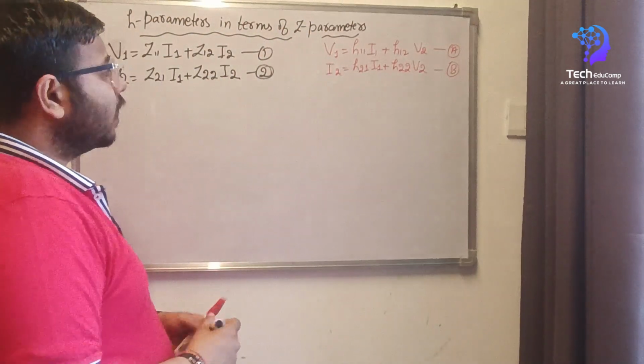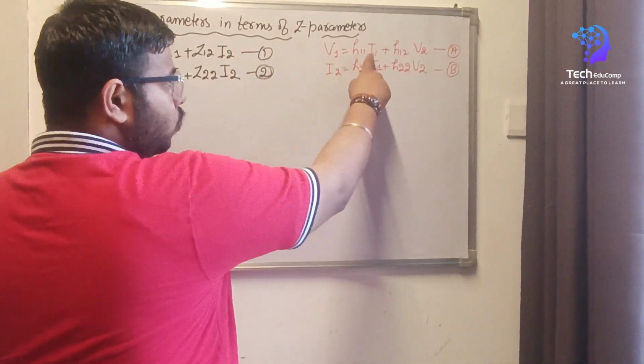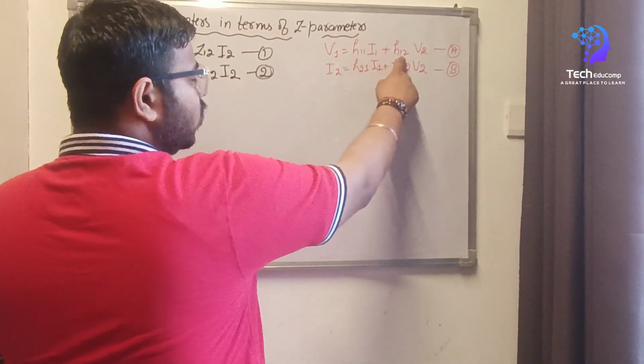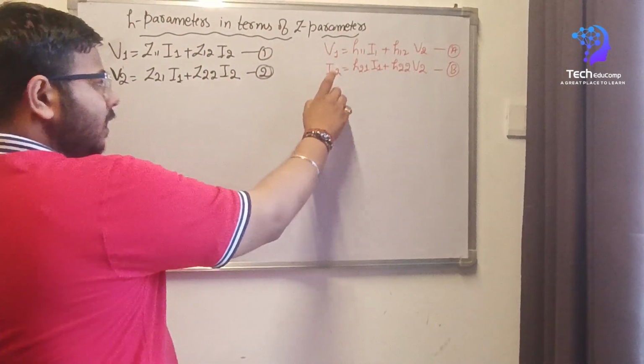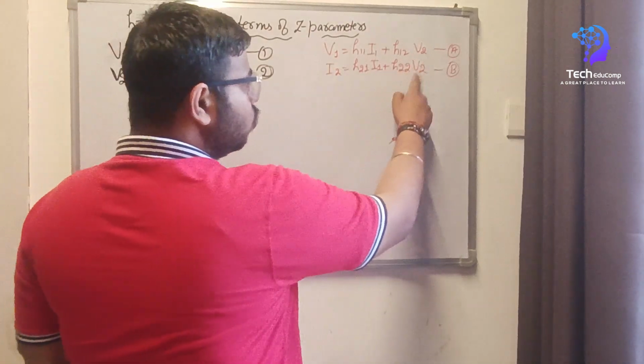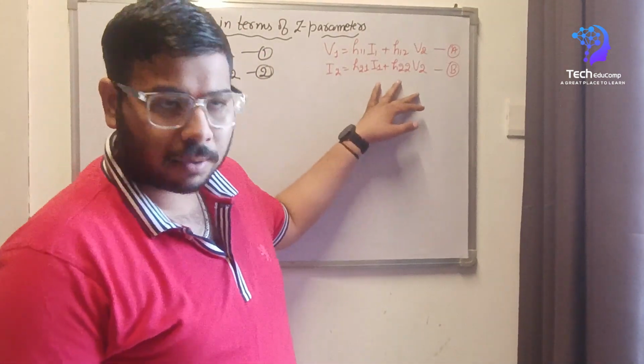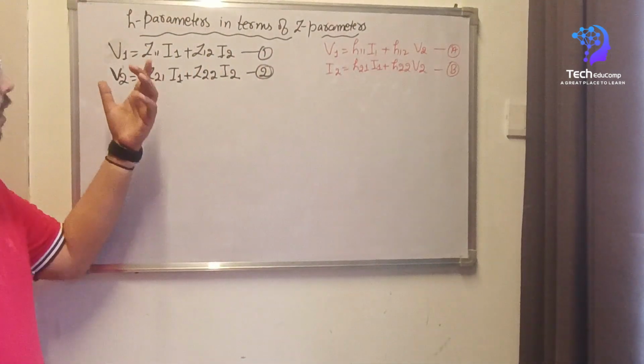So we can write the hybrid parameters as V1 equal to H11 into I1 plus H12 into V2, and second, I2 equal to H21 into I1 plus H22 into V2. These are the two equations A and B of the hybrid parameters.